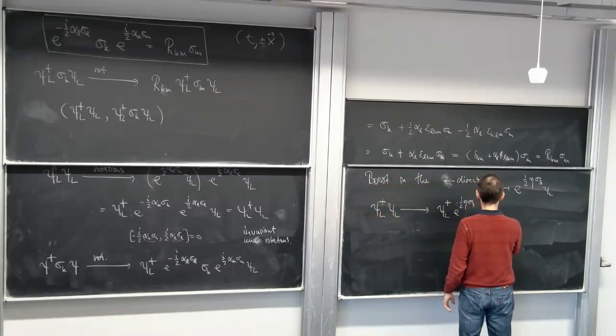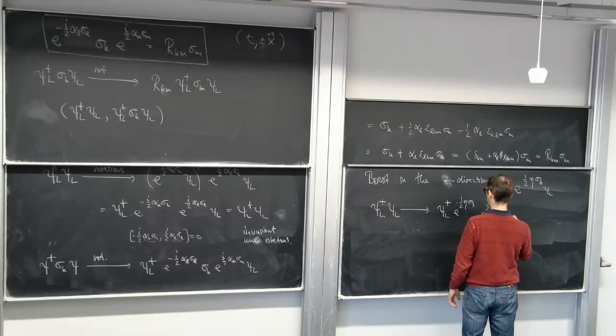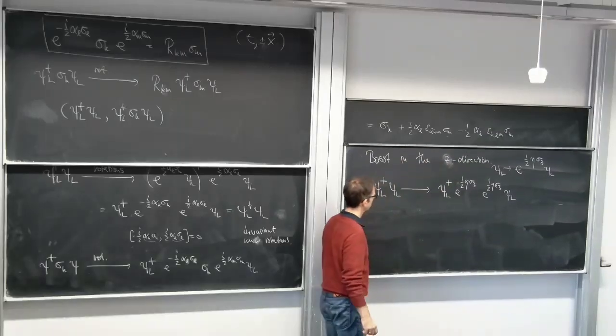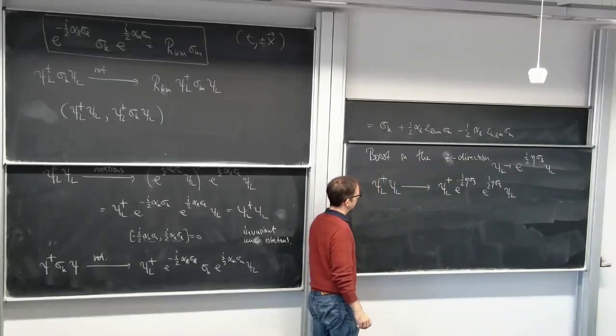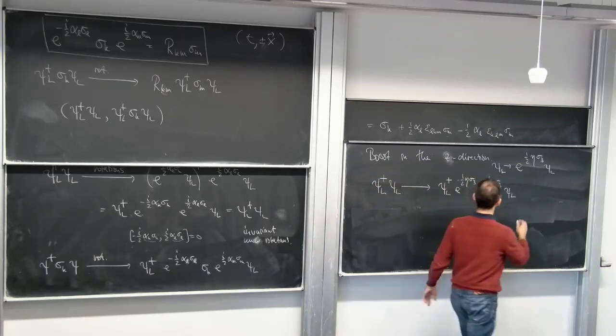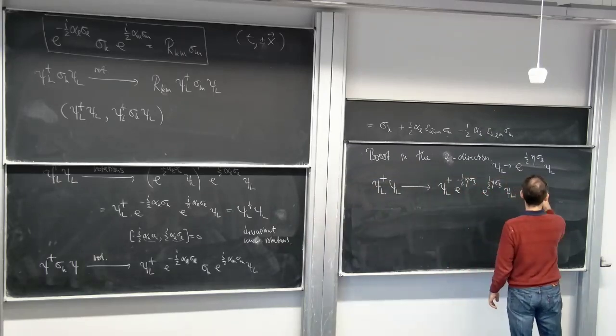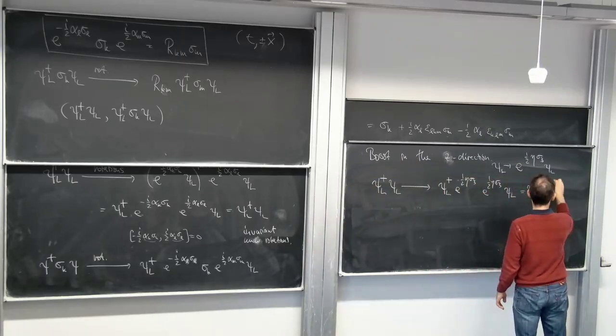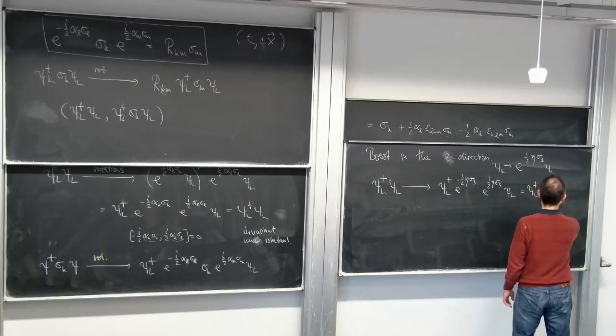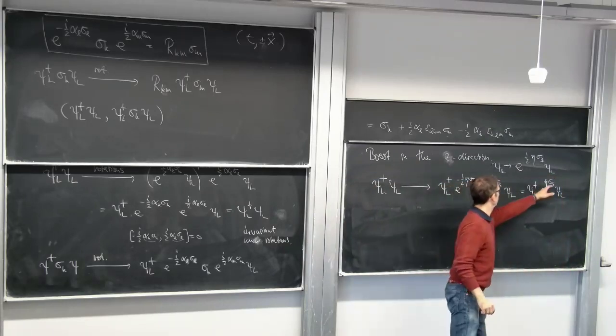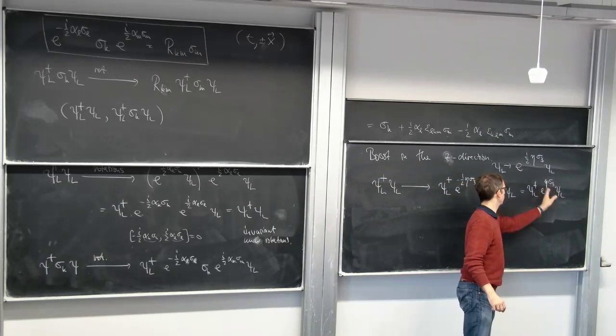And then we have e to the 1/2 eta sigma 3 psi L. These are the same, I can put them together. So that's equal to psi L dagger e to the eta sigma 3 psi L. In fact, I said sigma 3 is so nice, I'm not even going to perform this.